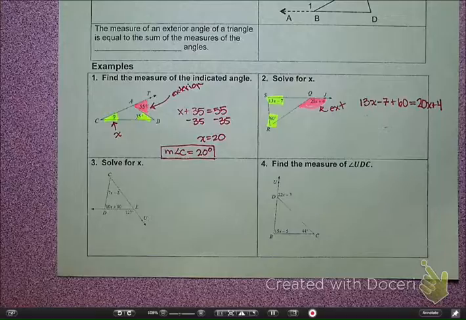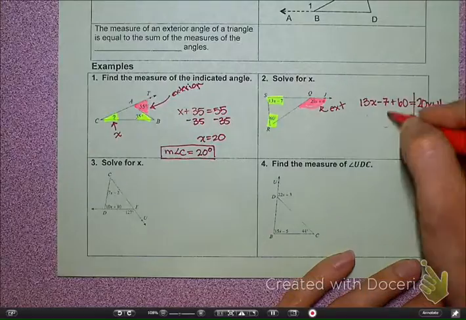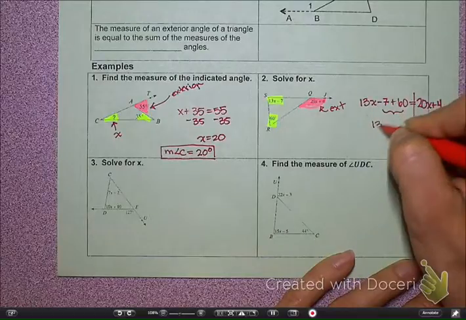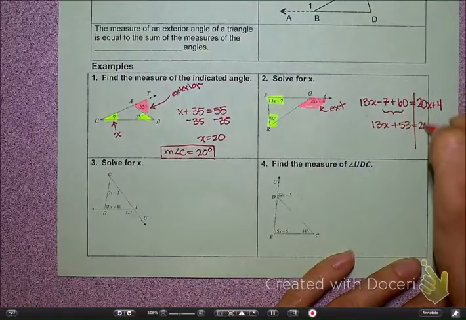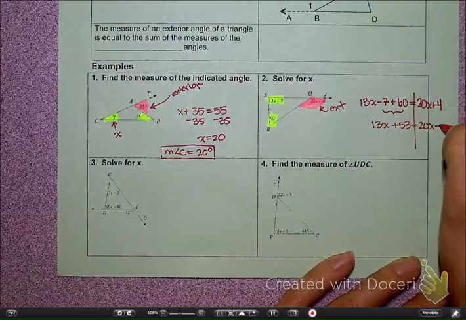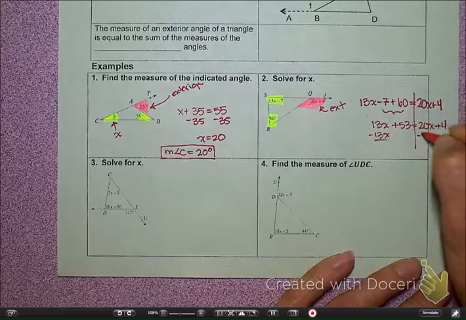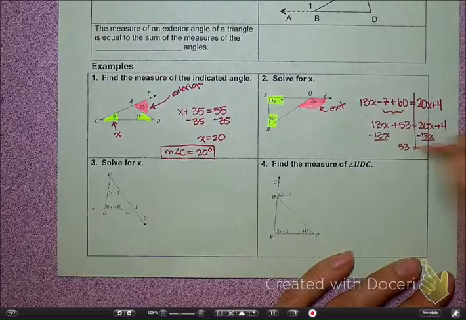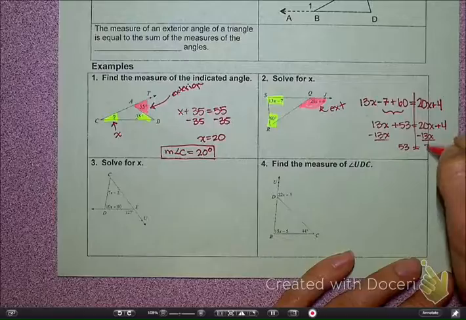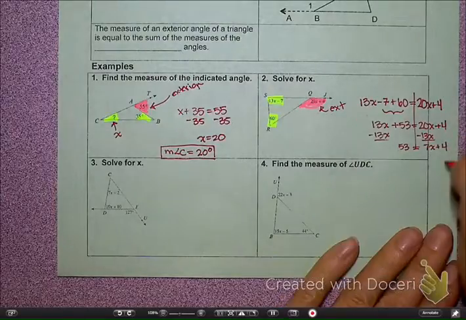So now let's go ahead and solve this. Okay, I'll combine my like terms here. Okay, I'm going to move the 13x over. Okay, I'll subtract 4.